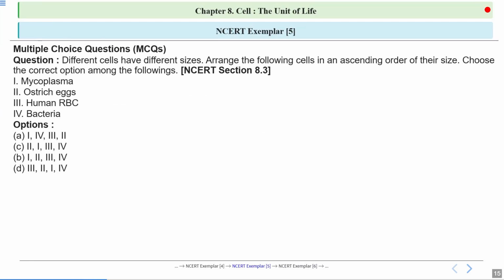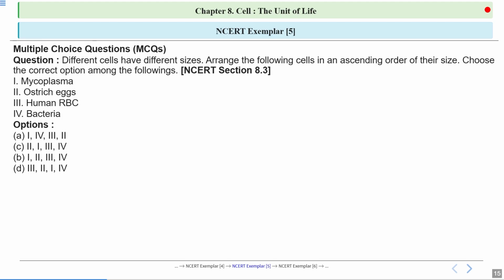Now next question is, different cells have different sizes. You have to arrange the following cells in ascending order of their size and choose the correct option from among the following. A list of cells is given to you. First is mycoplasma, second is ostrich eggs, third is human RBCs, and fourth is bacteria.